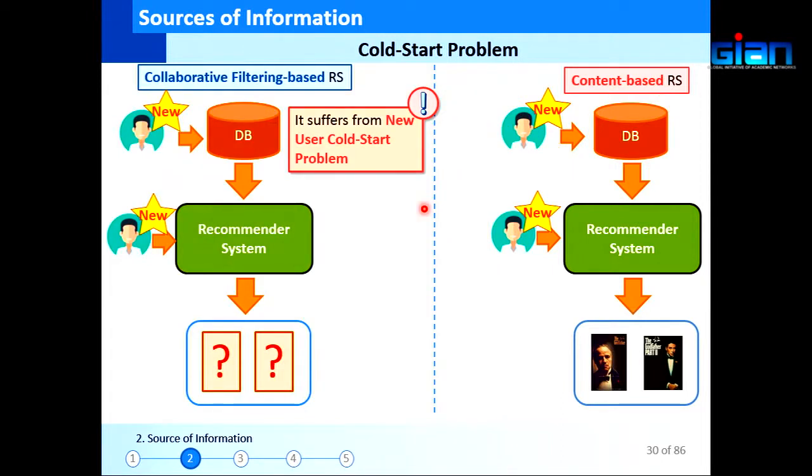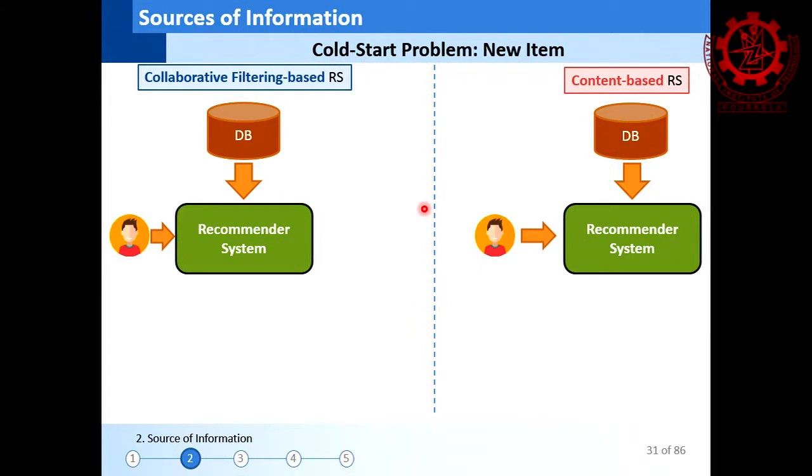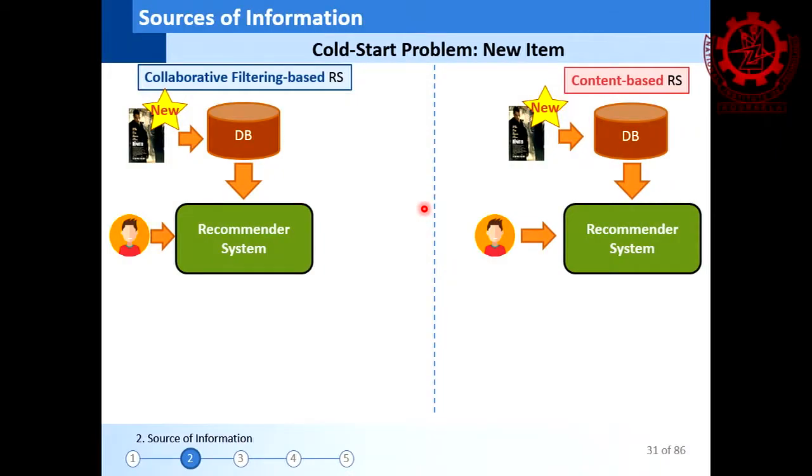Okay, so an important drawback of collaborative filtering-based recommender system is that it suffers from the new user cold start problem. We have another problem related to cold start, which is called the new item cold start problem. Imagine that we have here a new item. We register it in the database, so we want to know if we can provide recommendations to the users.